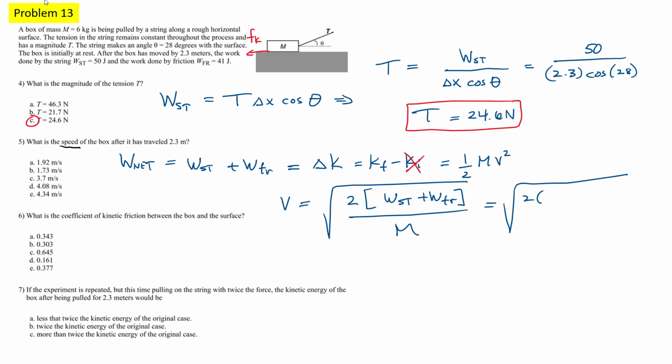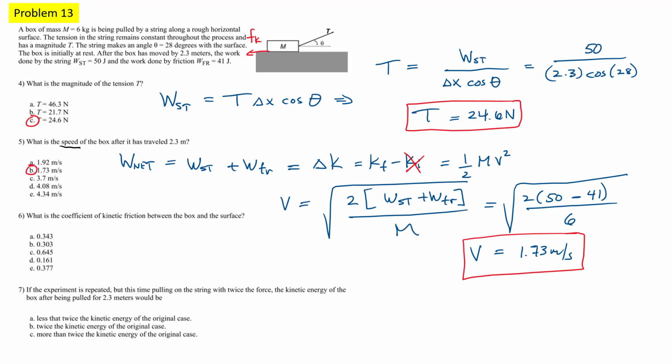The work done by the string is a positive value of 50. The work done by friction is 41, well, that's the magnitude of it. It really should be a negative number in there, and then you divide by the mass. So substituting everything in, the speed of the block after is 1.73 meters per second. Let's box that up. That corresponds to choice B.